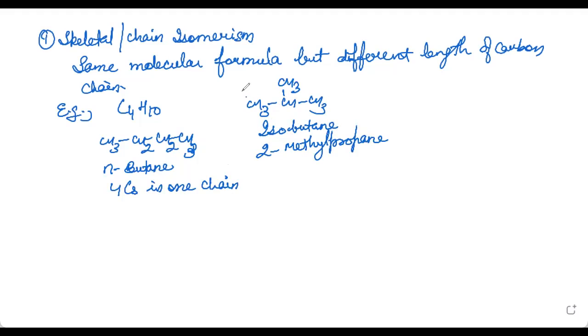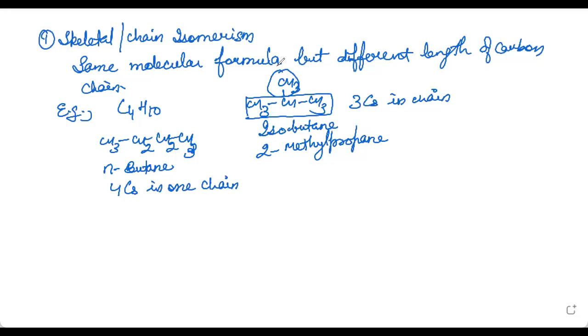Now in this case, there are 3 carbons in the main chain, and this is acting as the substituent. So this is what we call chain isomerism or skeletal isomerism.